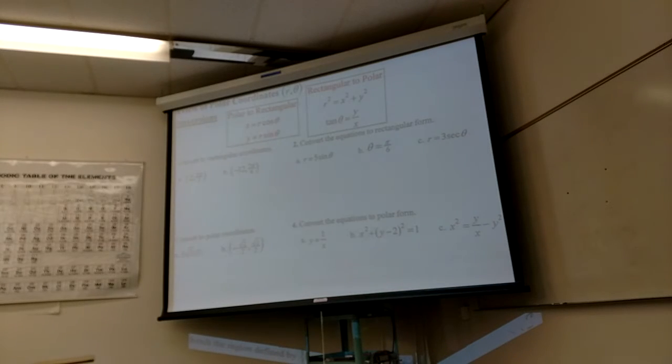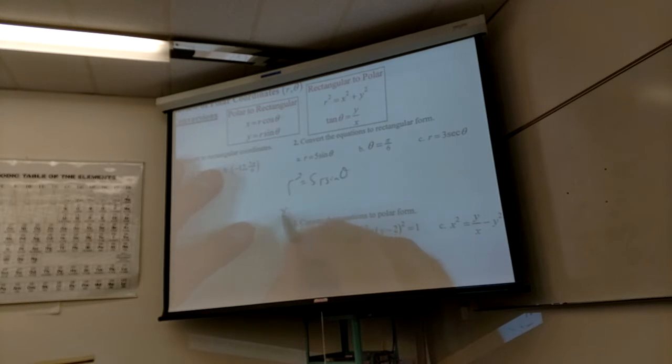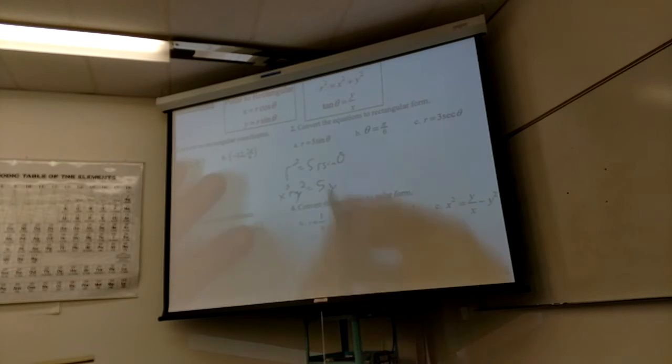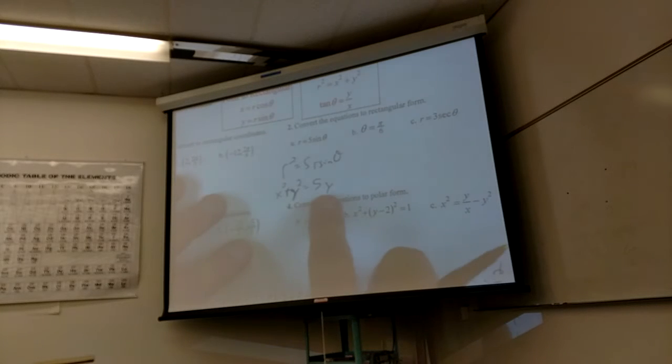Right? So if you do that, you get what? r squared equals 5 r sine theta. What's r squared? x squared plus y squared equals 5y, since r sine theta is y. Now, if I really wanted to push you, obviously that's the equation of what?